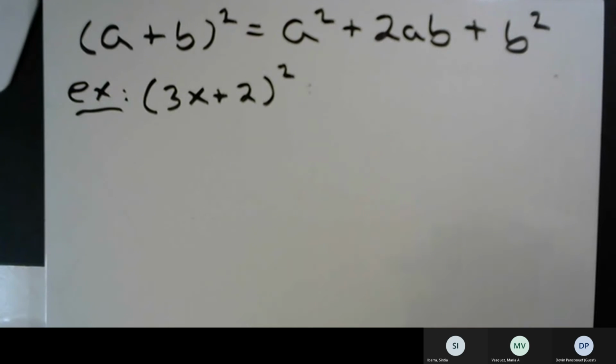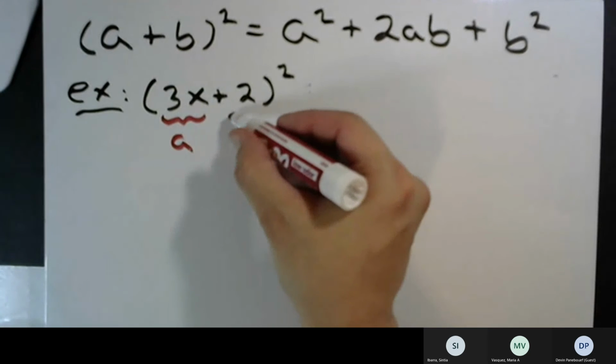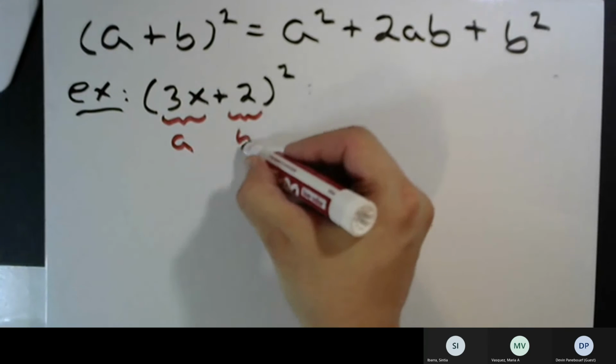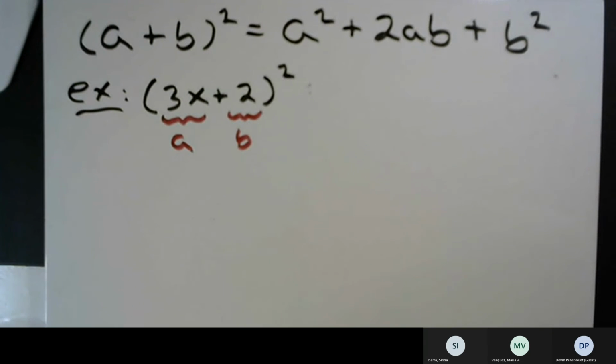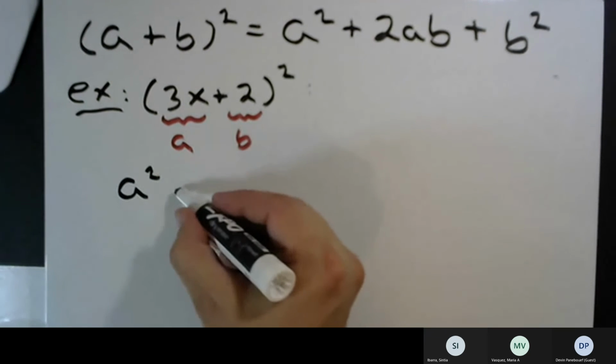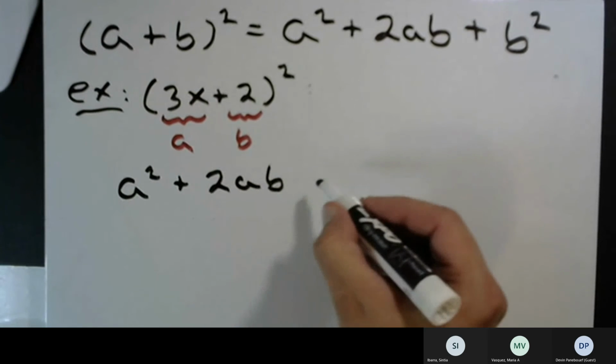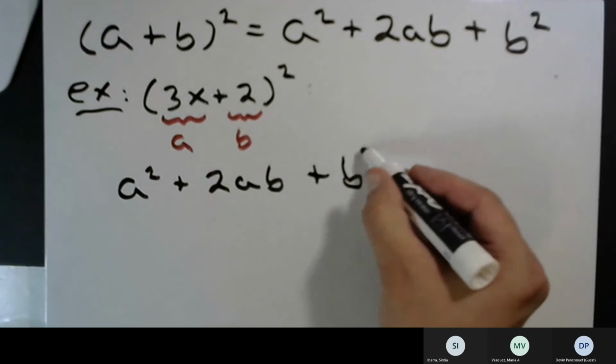And the idea is this. This will be A, and this will be B. So that means a squared plus 2ab plus b squared.